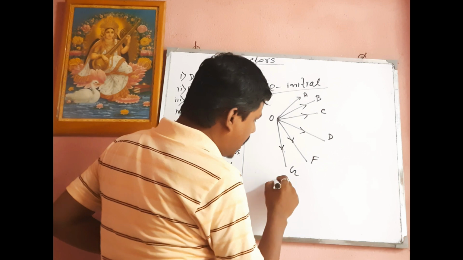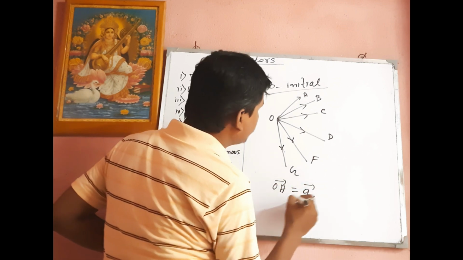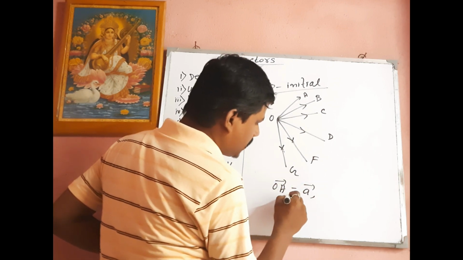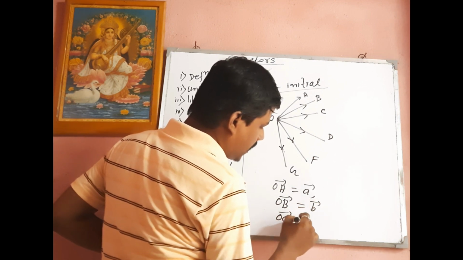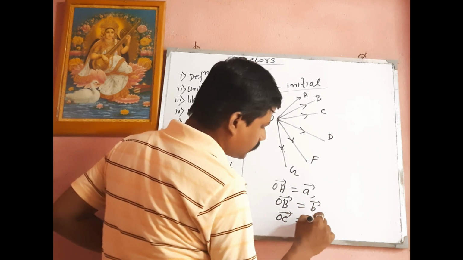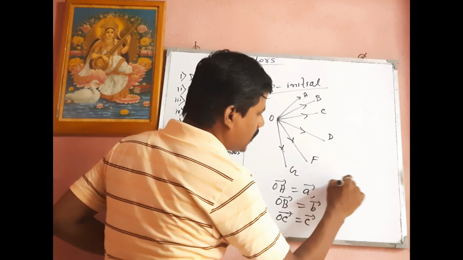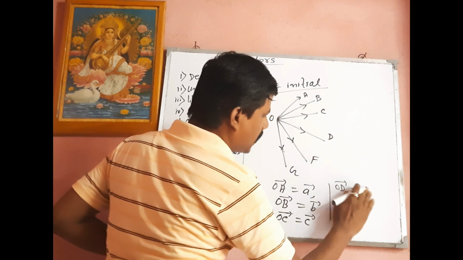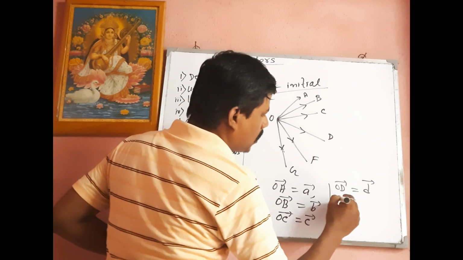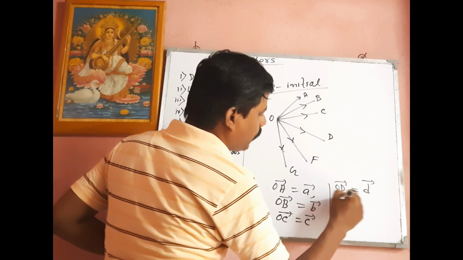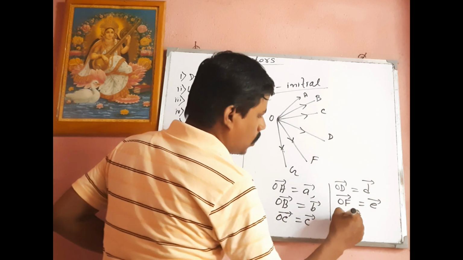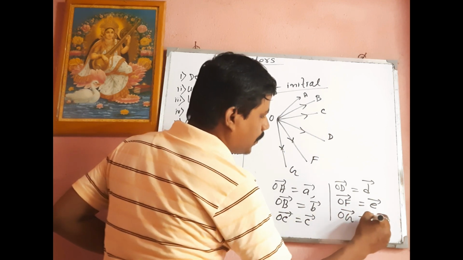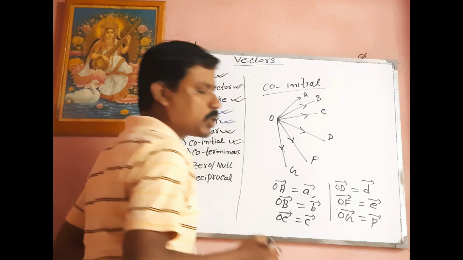Then OA is equal to vector A, OB is equal to vector B, OC is equal to vector C, OD is equal to vector D, OE is equal to vector E, OP is equal to vector P, according to our choice.